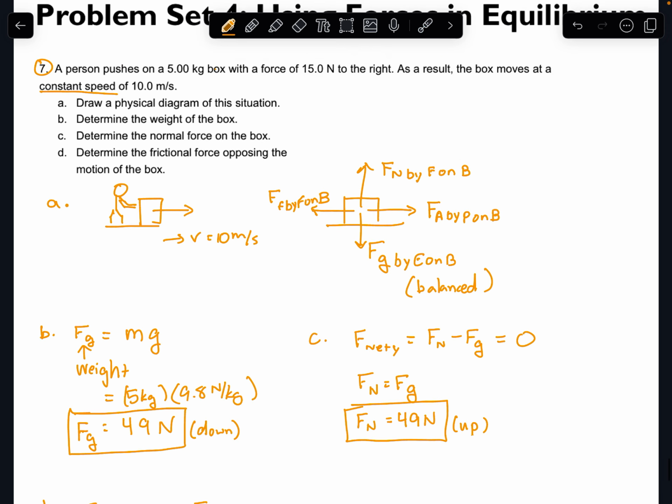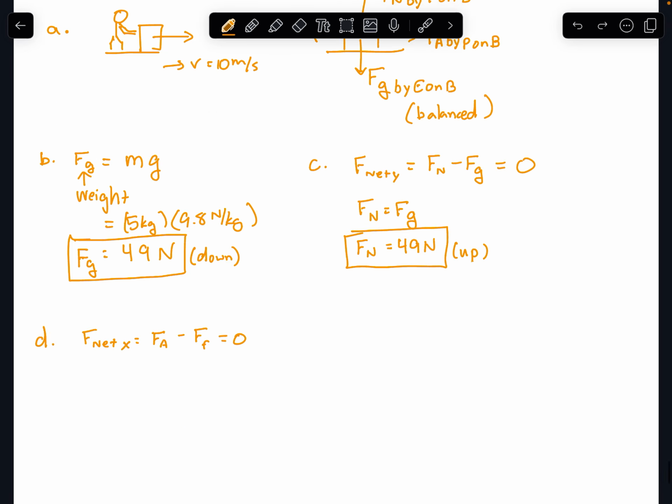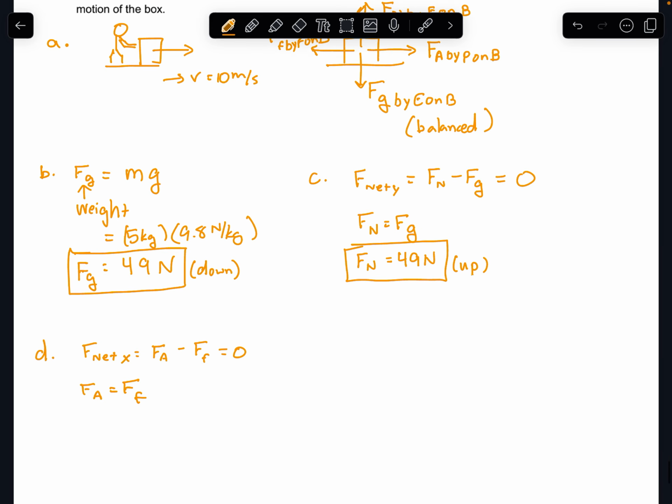I was told how hard the person's applied force is, so FA equals FF. Friction force is 15 newtons, therefore. And that's to the left.